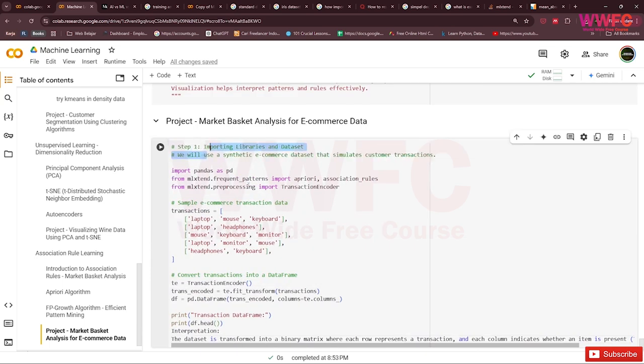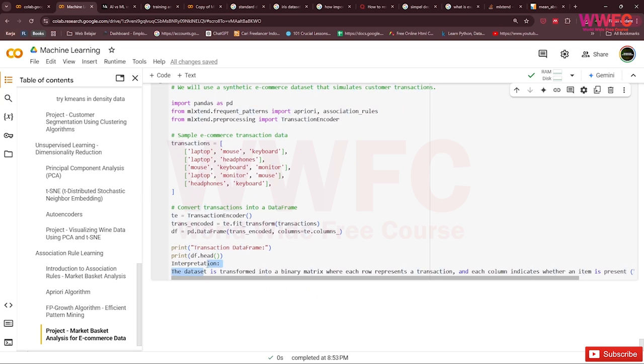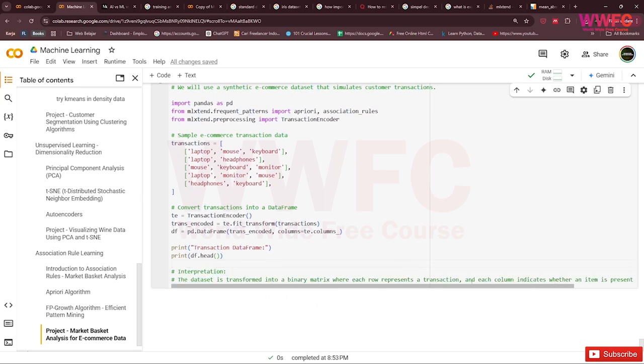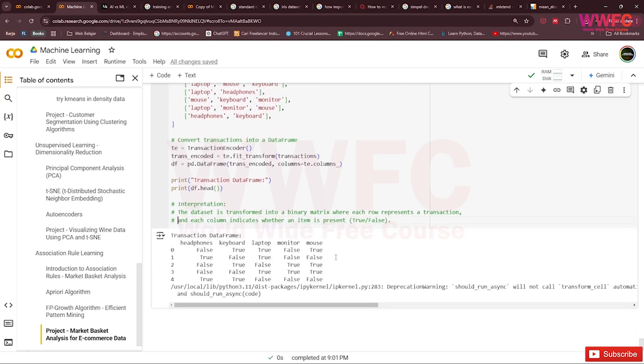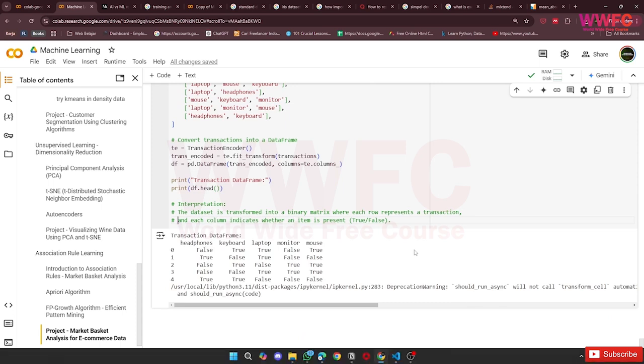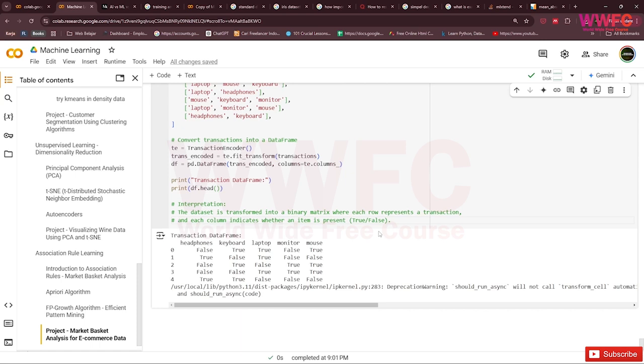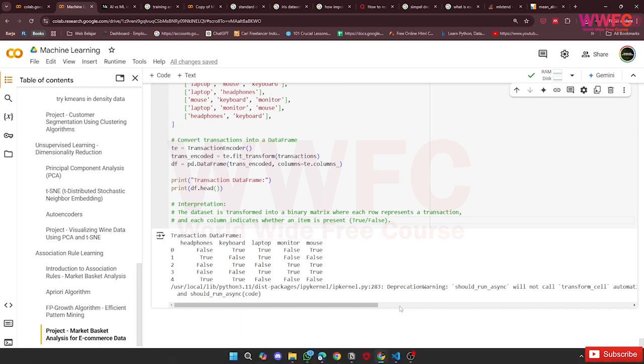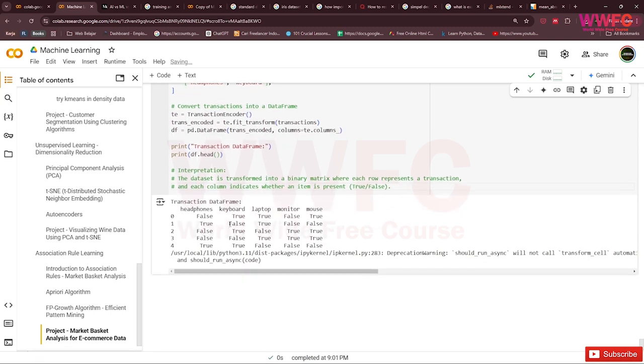We will use a synthetic e-commerce dataset. This dataset is transformed into a binary matrix where each row represents a transaction and each column indicates whether an item is present, true or false. So we want to check headphone, keyboard, laptop, monitor, and mouse, something like this data.